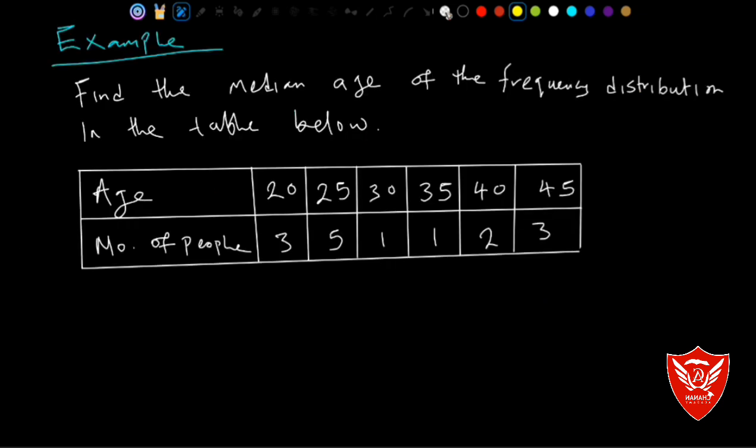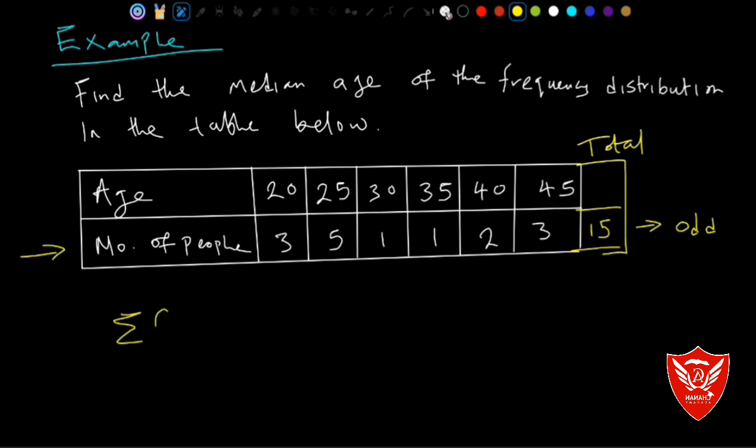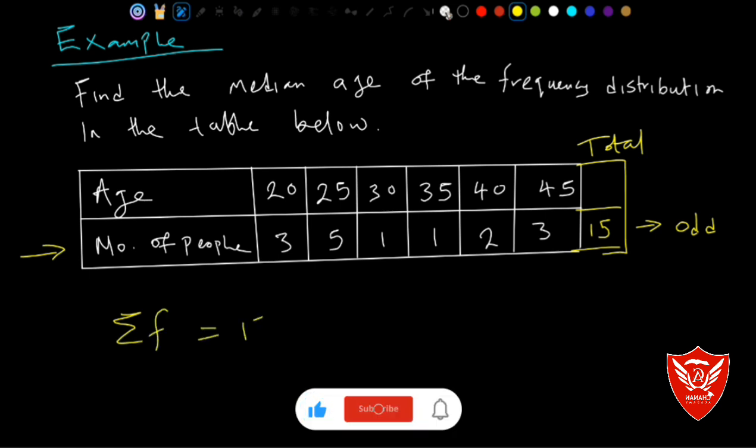Okay, so we are asked to find the median age from the frequency table given below. Now, let's extend this table and let's call this total. Okay, so this is the frequency, the number of people is the frequency. So if we sum the frequency, which is the number of people, we have 15, and 15 is odd. So it simply means that the summation of f is equal to 15, and this is an odd number.